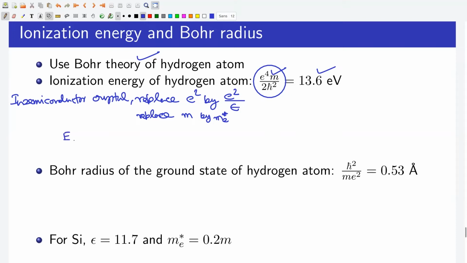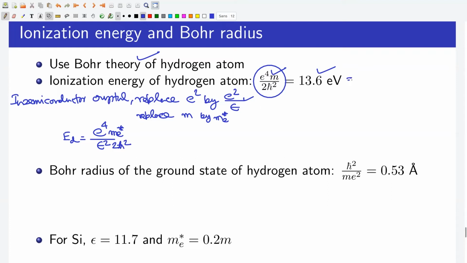ED is equal to, in place of e^2, I replace e^2 by e^2/epsilon, such that I get e^4 divided by epsilon squared, and in place of m, I replace me*, and then we have the factor 2 h bar squared.